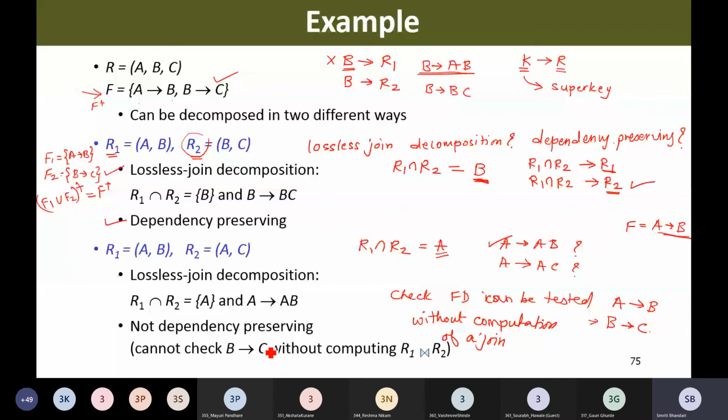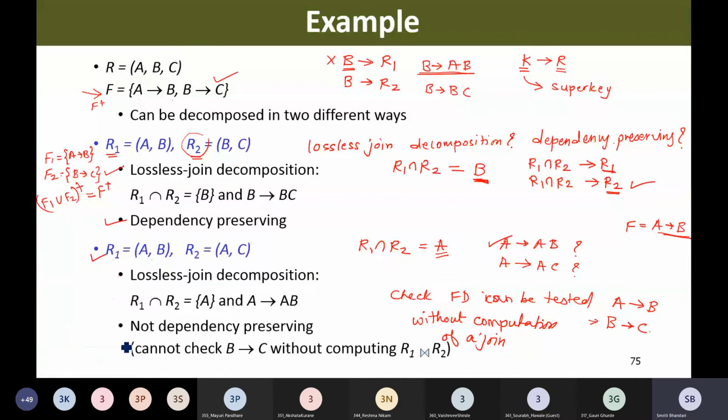So, if more than one solution is possible for decomposing a relation, we should prefer a decomposition that is lossless join and which is preserving the dependencies.